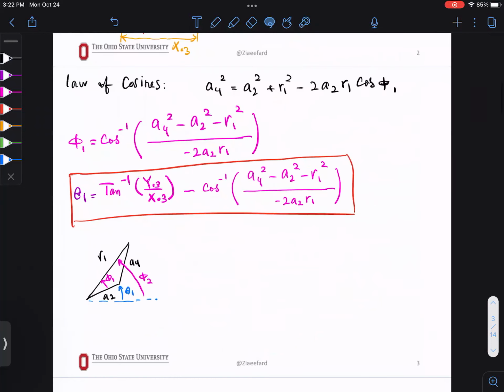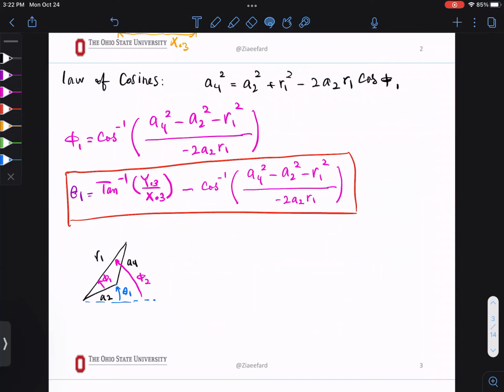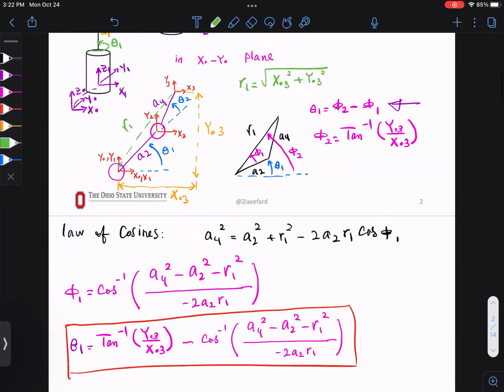This time it's the same thing. I'm just trying to utilize it the best way possible. So this is your theta 2, correct? That was theta 2. You all agree?